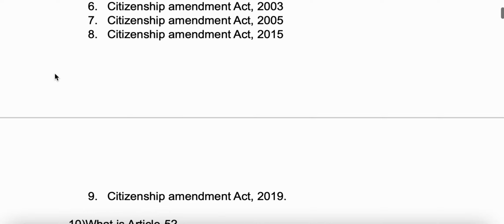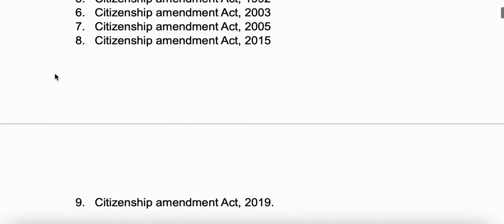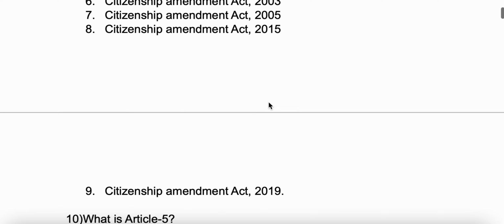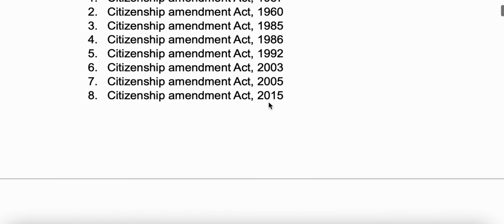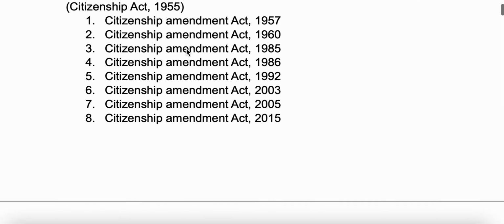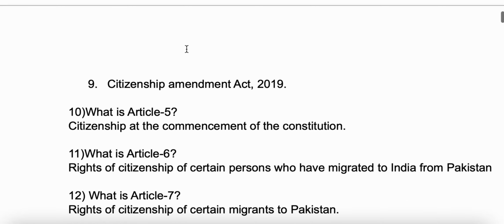Till 2019 there were continuous amendments. So we have the Citizenship Acts of 1957, 60, 85, 86, 92, 2003, 2005, 2015 and 2019. The original Citizenship Act was constituted in the year 1955.